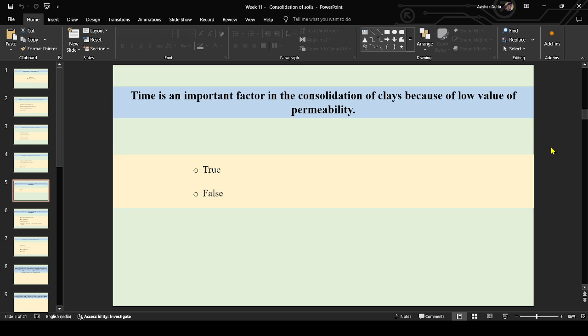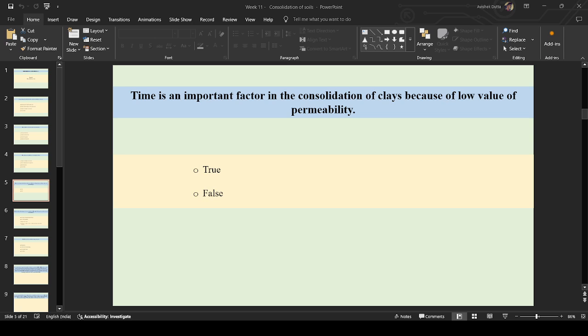Is this statement true or false? I repeat the statement: time is an important factor in the consolidation of clays because of low value of permeability. Is this statement true or false?